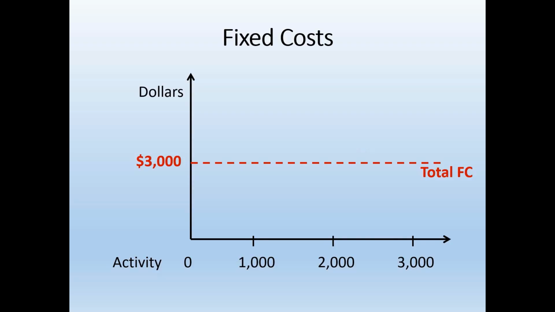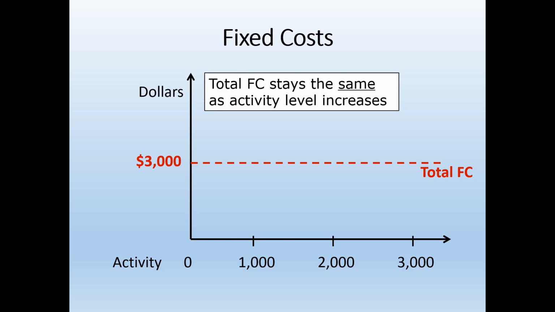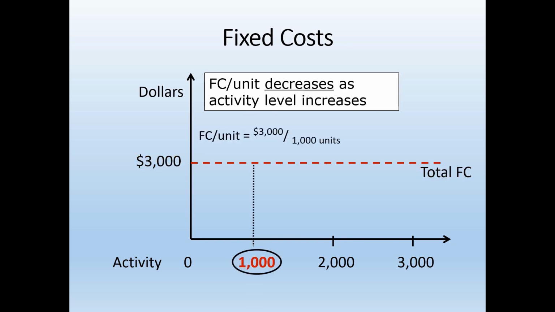Now, let's look at how fixed costs behave. We can see from the graph that the total fixed costs stay the same as the activity level increases. But the fixed cost per unit actually decreases as the activity level increases.